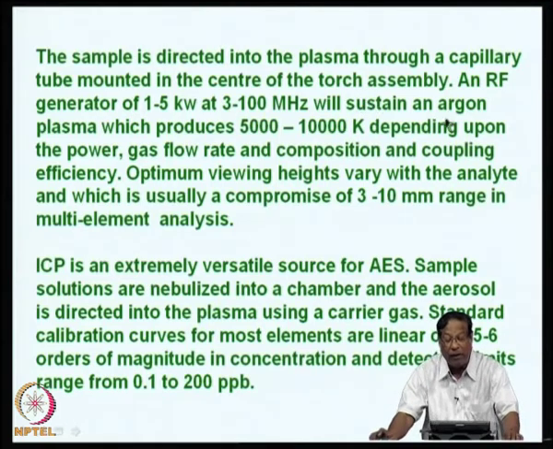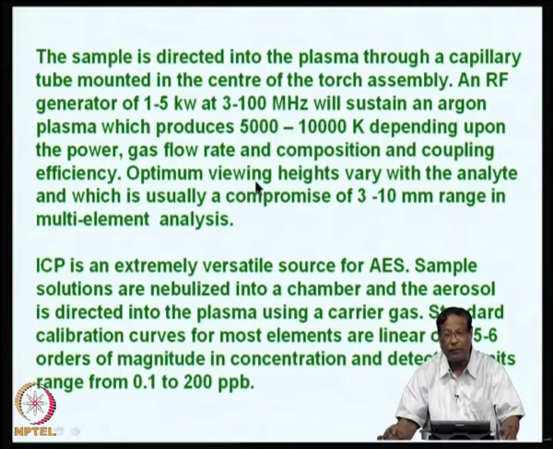That means, it will continuously generate argon plasma, which produces about 5000 to 10,000 Kelvin depending upon the power, gas flow rate and composition and coupling efficiency. So, optimum viewing heights vary with the analyte, which is usually a compromise of 3 to 10 mm range in multi-element analysis.